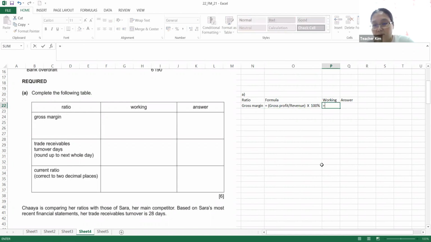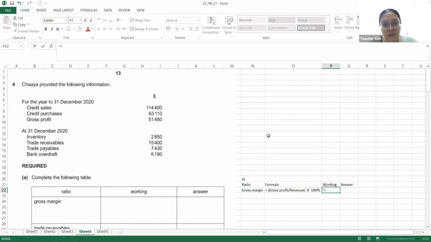So using the information here, we work it out. Credit sales, gross profit. So they got this one.